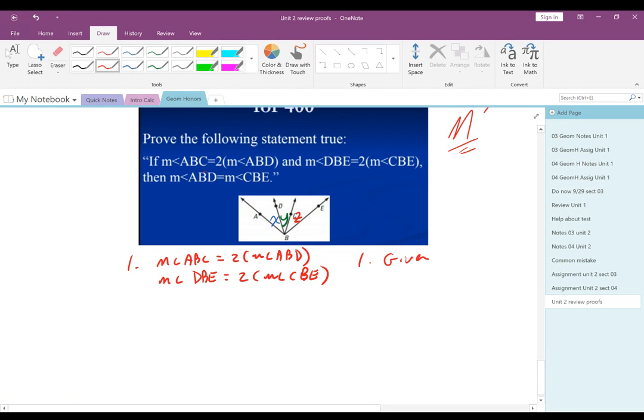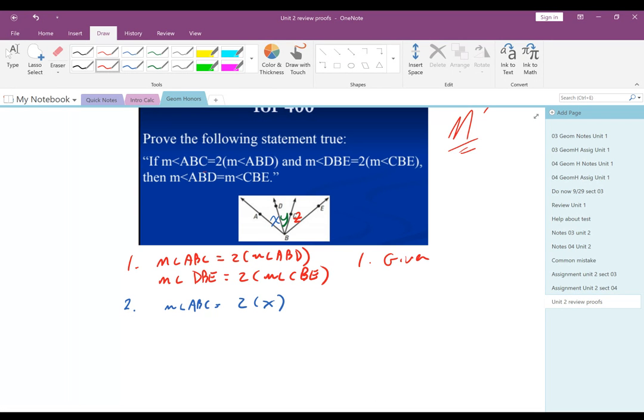All right. Now, I can go ahead and substitute in, which will make it easier. I can substitute in what I'm already given, right? So the measure of angle ABC is 2 times ABD, which is X, right?